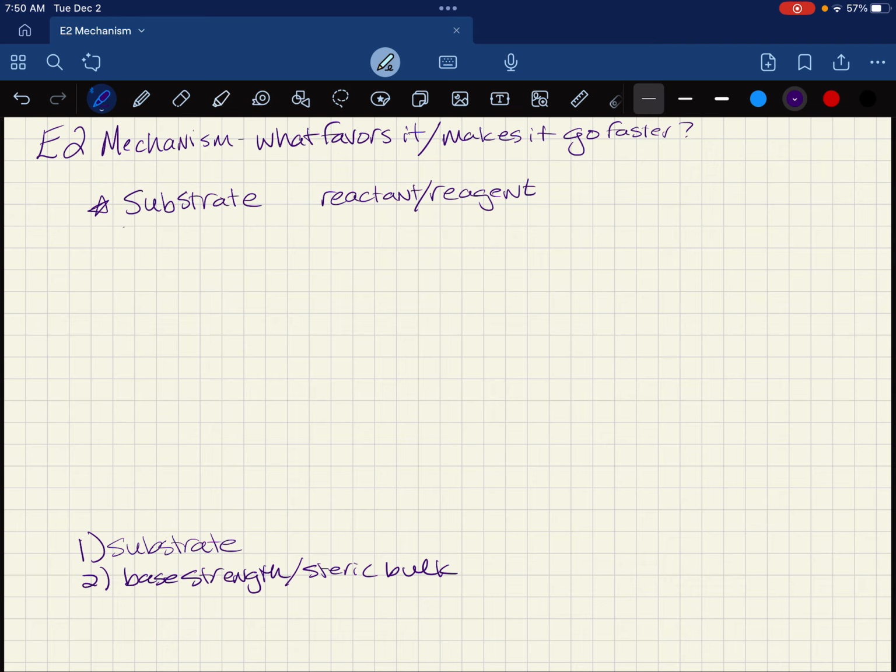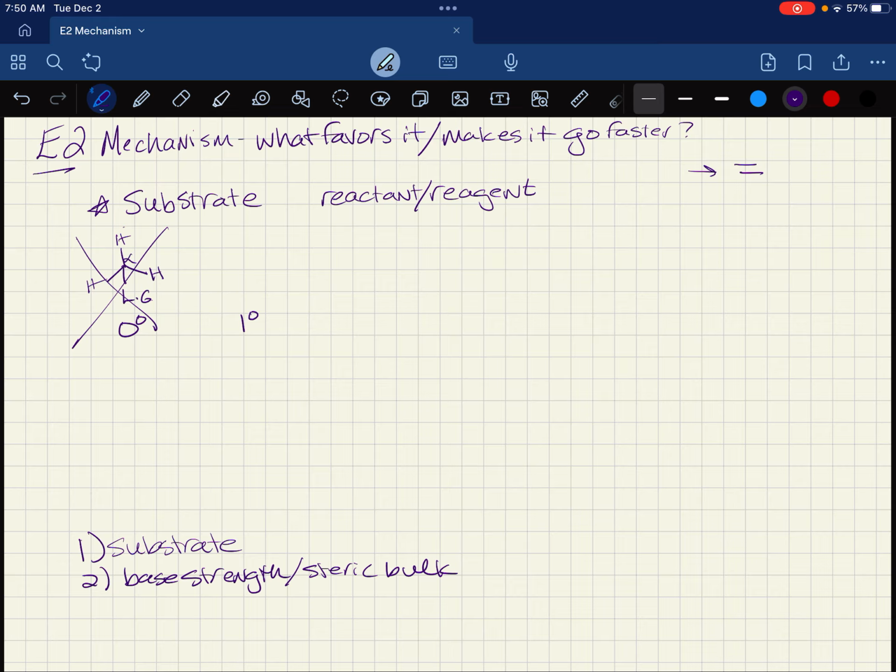So with the substrate, when we're looking at E2, of course we cannot do an E2 if we just have a methyl, because there's not a beta carbon, there's only an alpha carbon. And the thing we're doing with the E2 mechanism is we're making a new double bond, and so we have to have at least 2 carbon atoms.